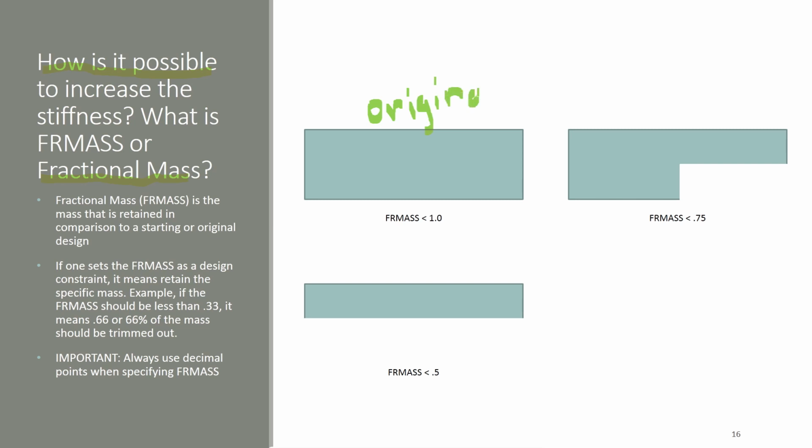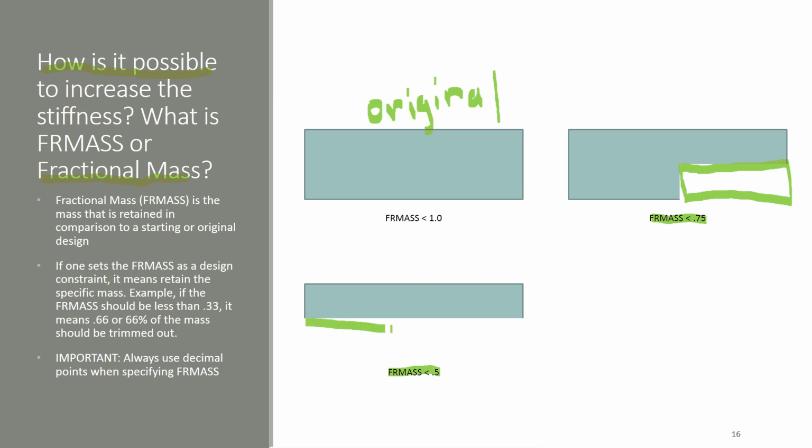Let's suppose we set the fractional mass constraint to be less than 0.75. What this means is that the solution should keep up to 75% of the original mass. So here you can imagine that 25% was essentially removed from the solution. The same for FR mass less than 0.5.